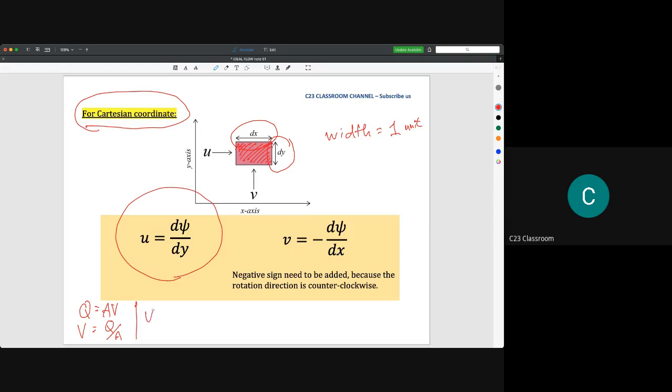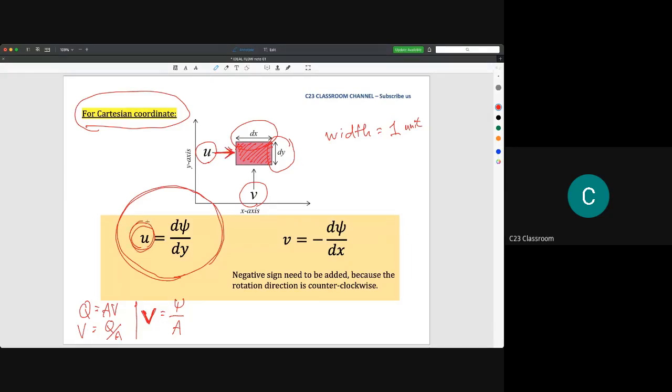So V here is equal to psi over A. However, we don't use the absolute V like this, because we have a small u and a small v here. So u here is the velocity in the x direction.